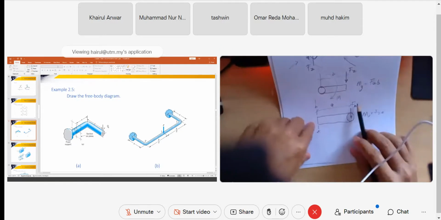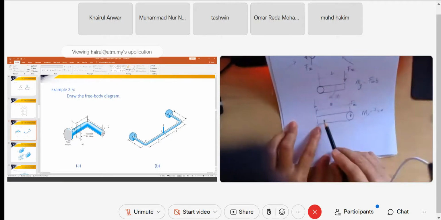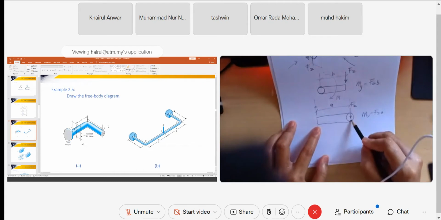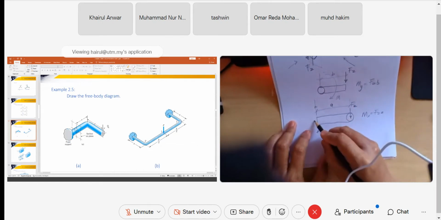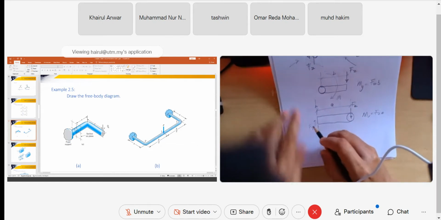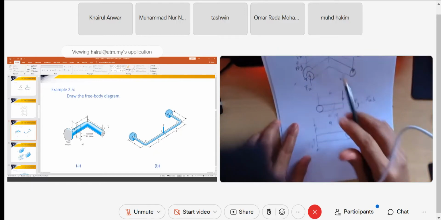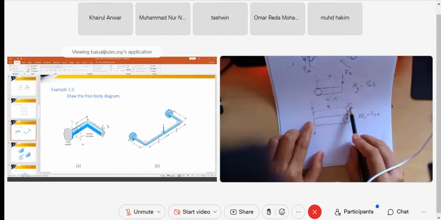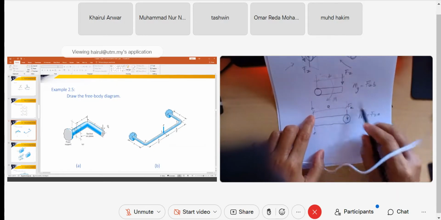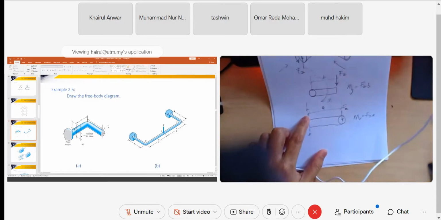Actually the same. Okay, if you look from the right view, you see this view, this FZ downward. So we have this one also upward, FZ. We already put it here in my isometric view. I already have Z just now. But we have FZ times A produces MX. It is MX.